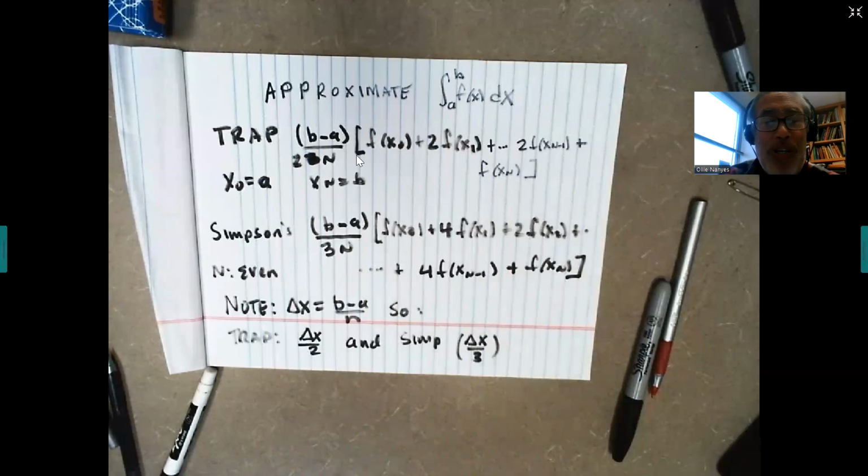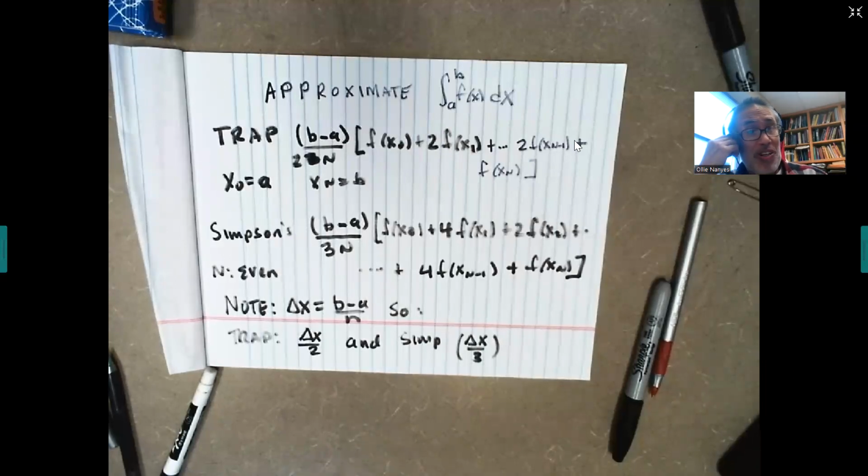Remember, you're approximating the graph of f by straight line segments, and then calculating the area of the trapezoids that the straight line segments and the edges of the interval form. So there is a trapezoid rule formula.